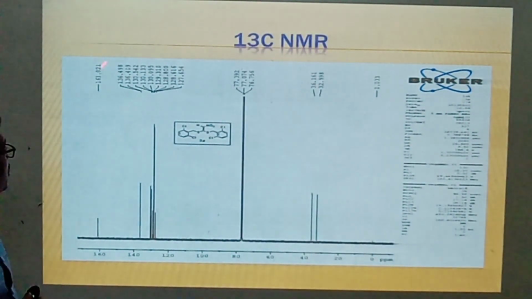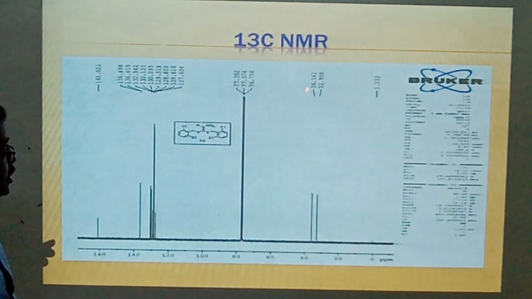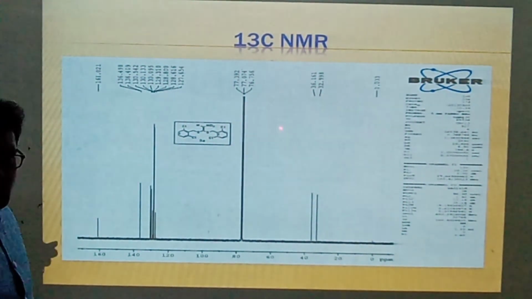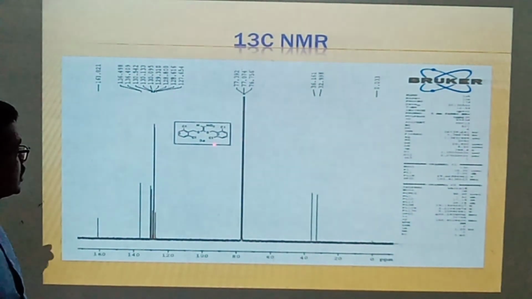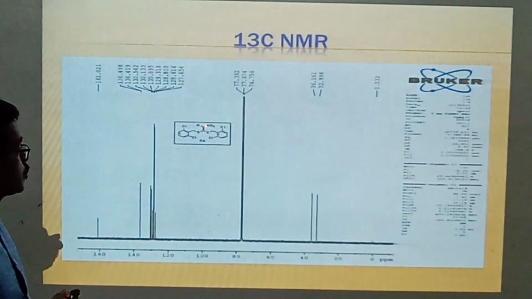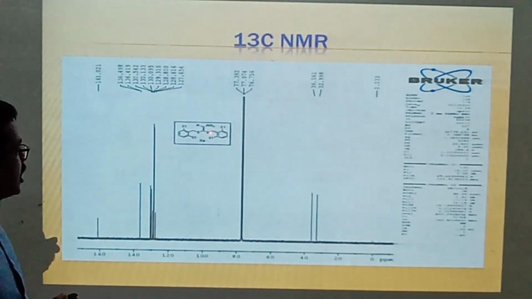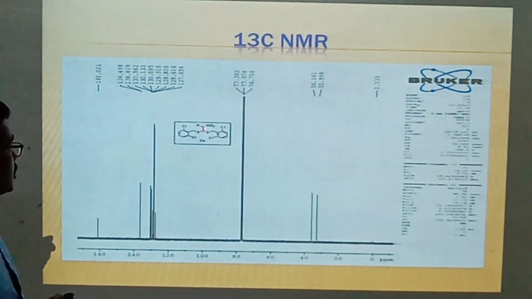And here also we can see the two CH2 groups, that is the CH2 alkyl carbons. There we found 36 responsible for the CH2 carbon trans to the nitro, and 32 responsible for the CH2 carbon cis to the nitro group.